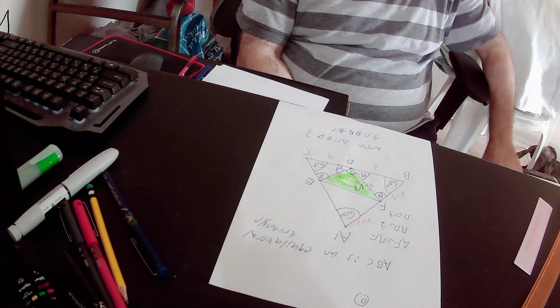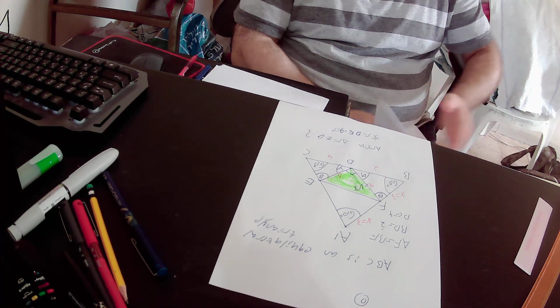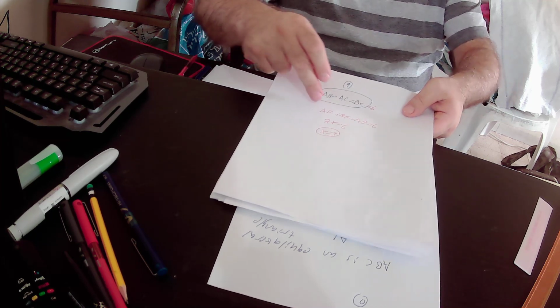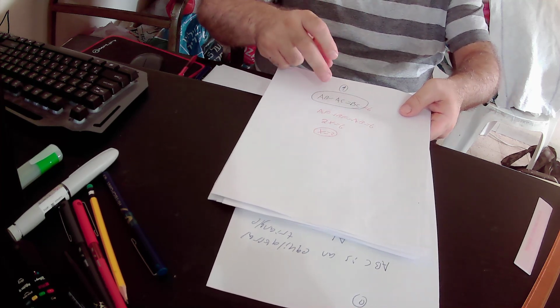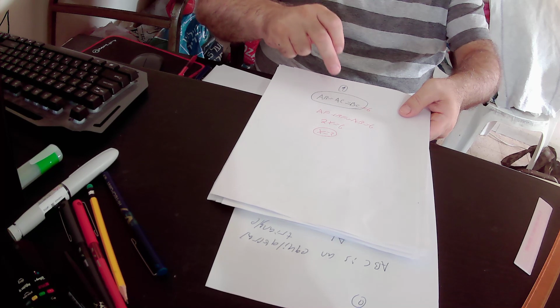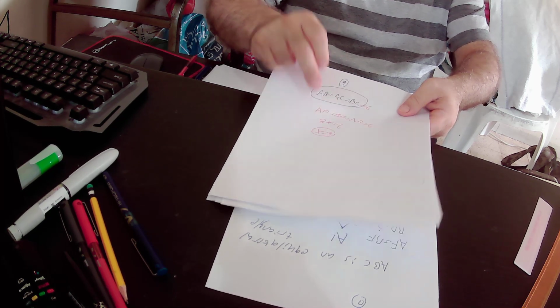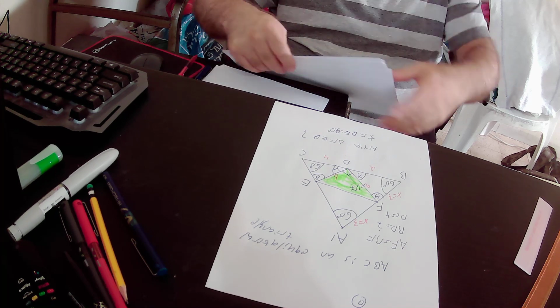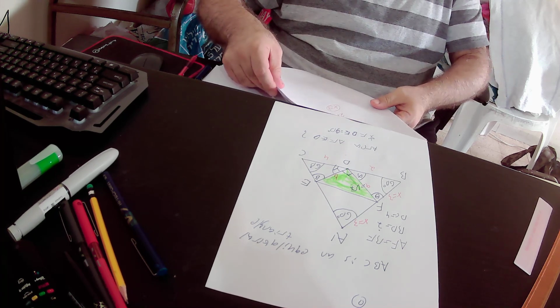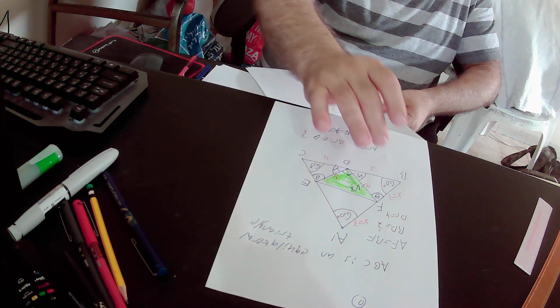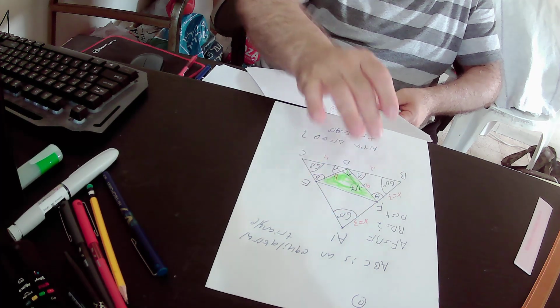So 2X equals 6, and we divide this equality by 2 and we get that X equals 3 units. So the value of BF is 3 units and the value of AF is also 3 units.